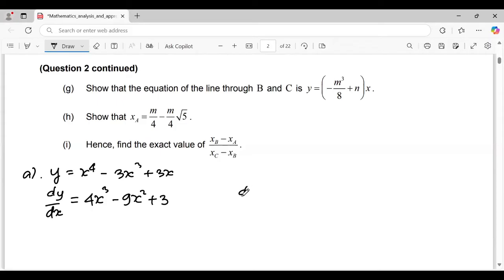And the second derivative is 3 times 4, 12x squared minus 18x. This is the second derivative.